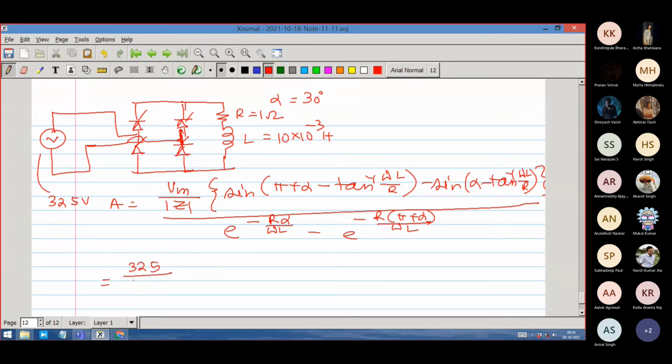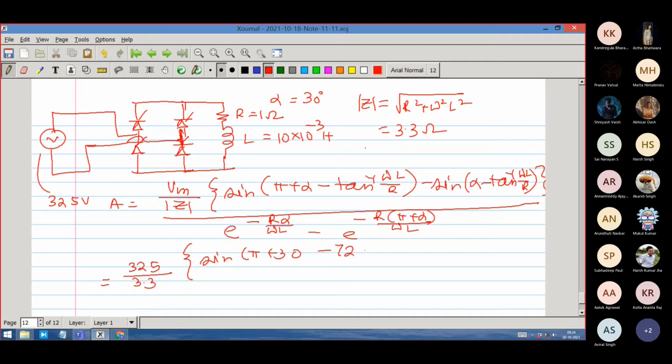Mod Z is the square root of R square plus omega square L square. It is approximately 3.3 ohm.